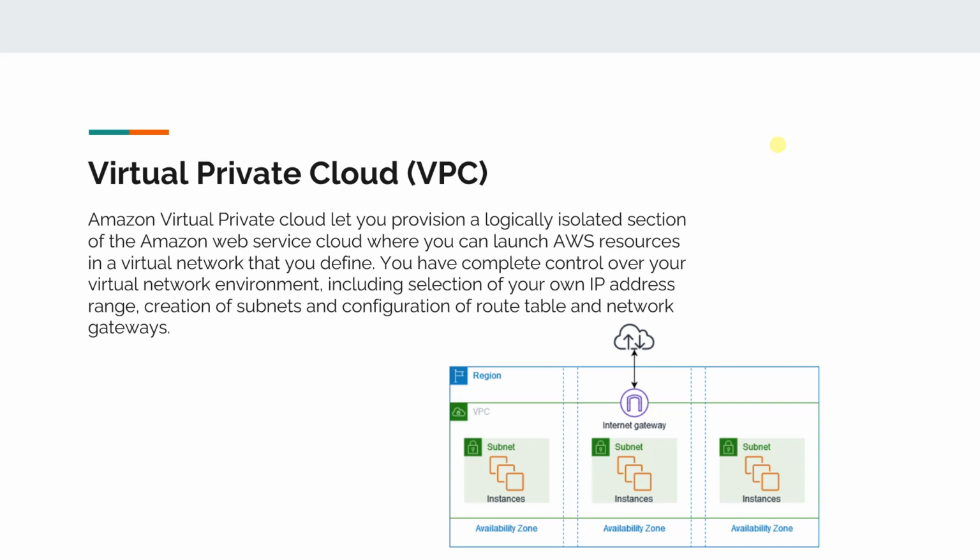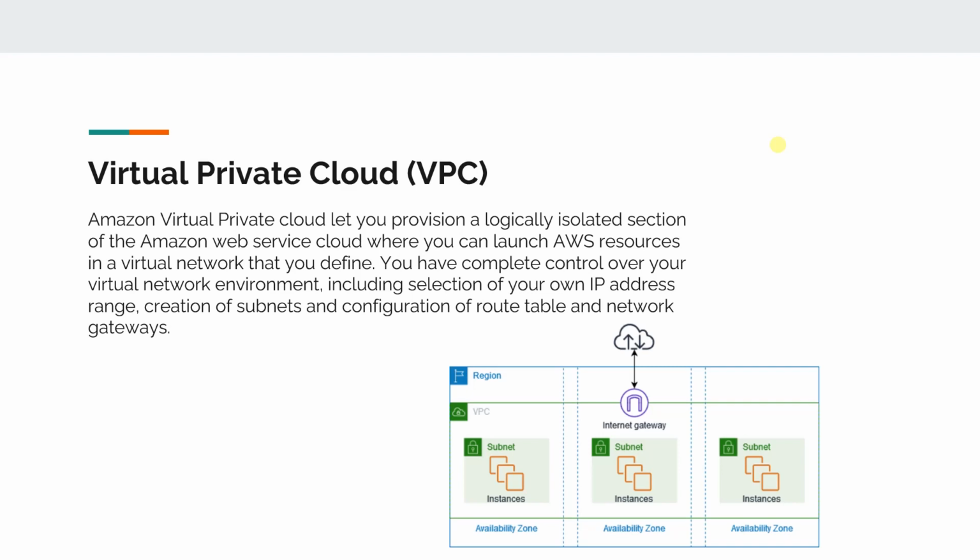VPC is a way AWS customers provision a logically isolated section of the Amazon Web Services cloud where they can launch all their AWS resources.